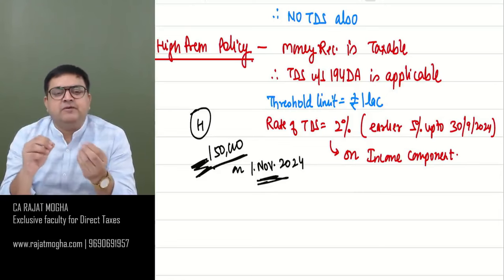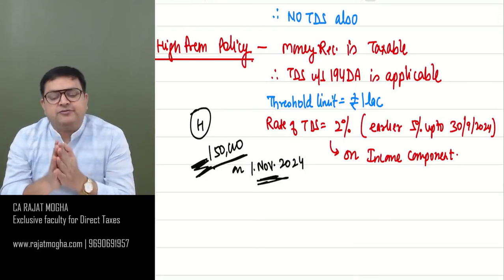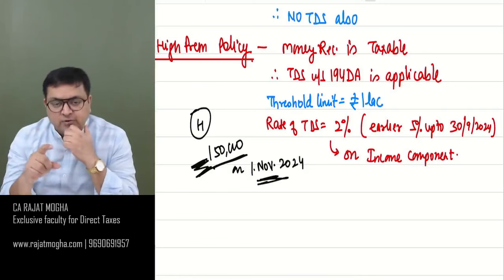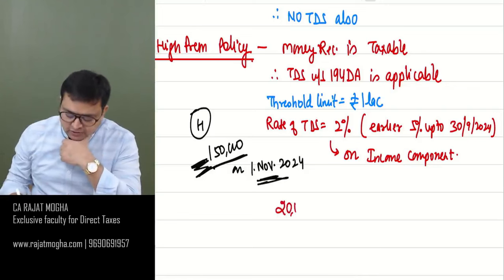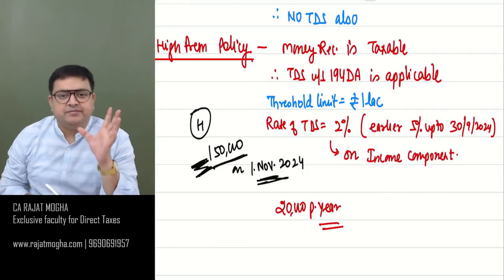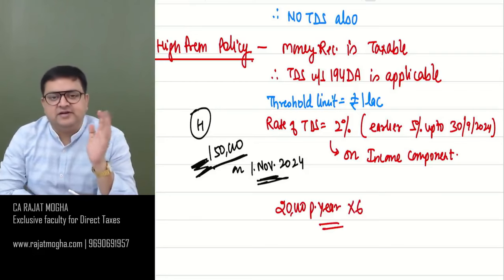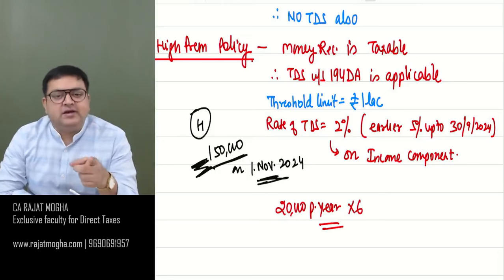So let's say your premium was 20,000 rupees per year, and you have paid this premium 6 times. It was a 6-year policy. Now tell me, how much is your income?